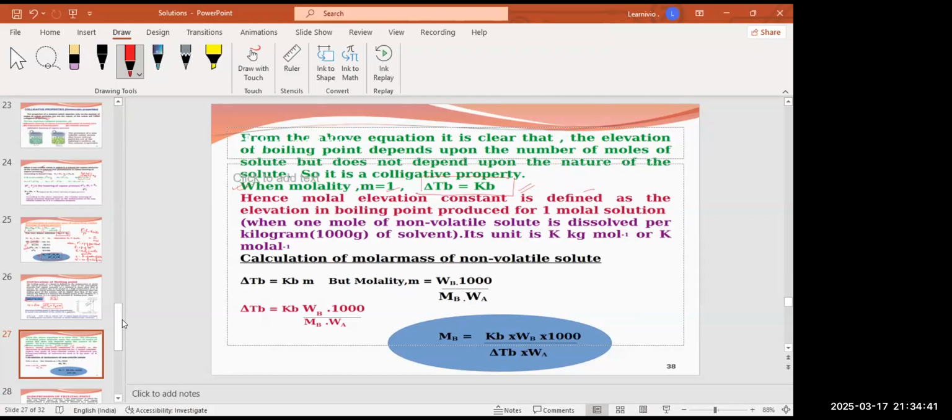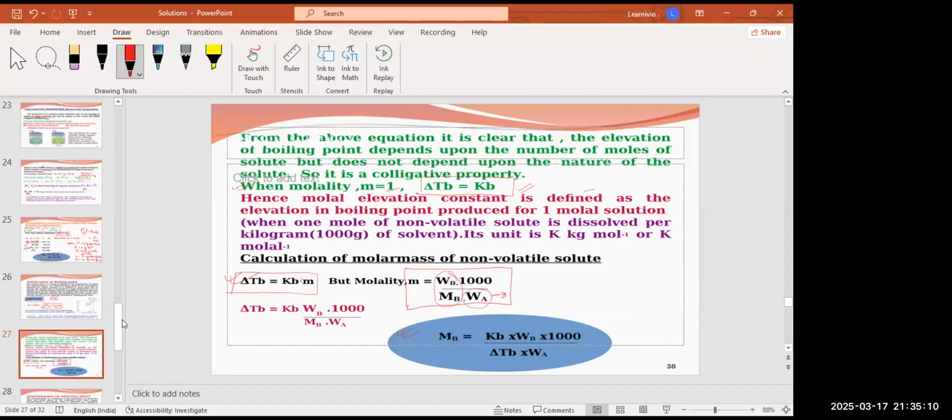Okay, so from this formula, you can calculate the molar mass of non-volatile solute. This is an important formula, and you know how to calculate the molality, right? This is the number of moles of solute, and this is the mass of solvent in kg.